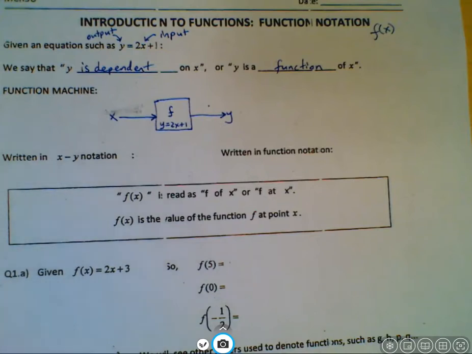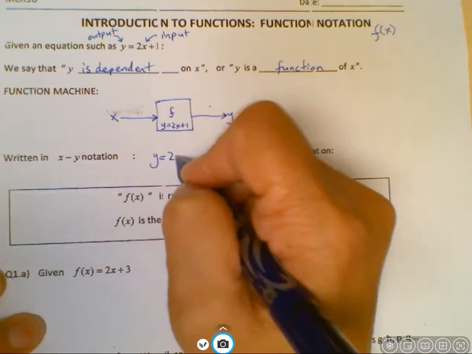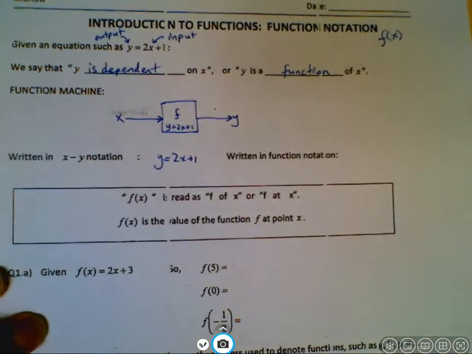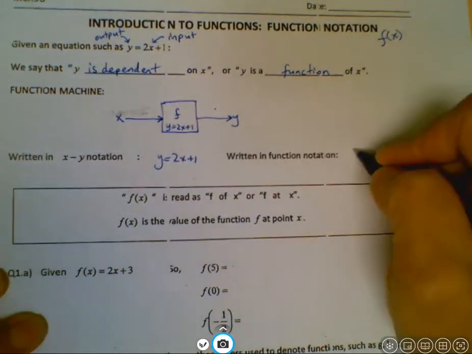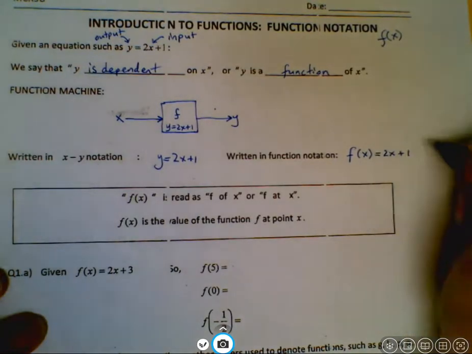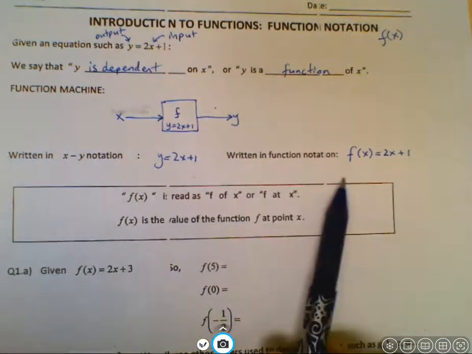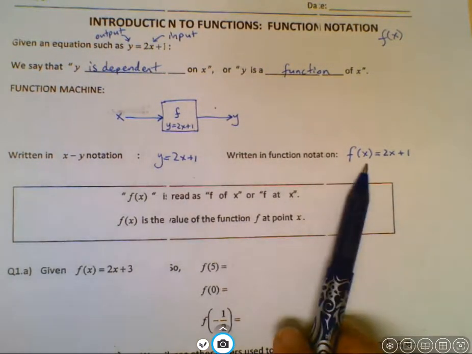If we're going to write it in xy notation, with x's and y's, we will write this. But if we're going to write it in function notation, we're going to use a different symbol. We'll write it like this. Same thing, but I've replaced the y with f and the bracket x.